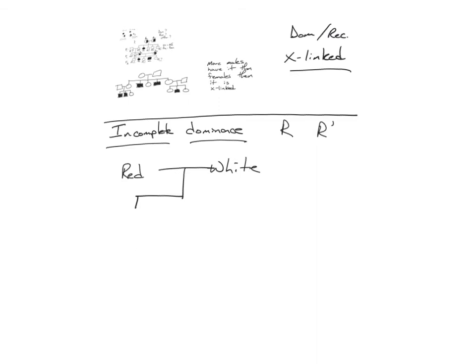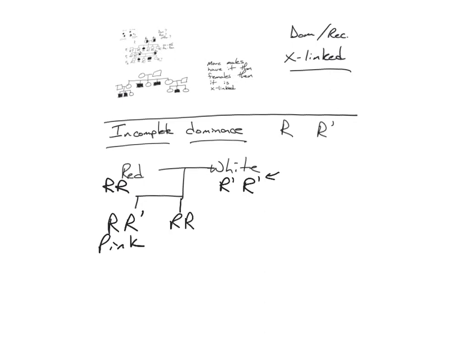And the reason is that red is RR, white is R prime R prime. The prime is this little hash mark. That's what they mean by prime. So all of their children are obviously going to be R R prime, which is pink. Does that make sense?